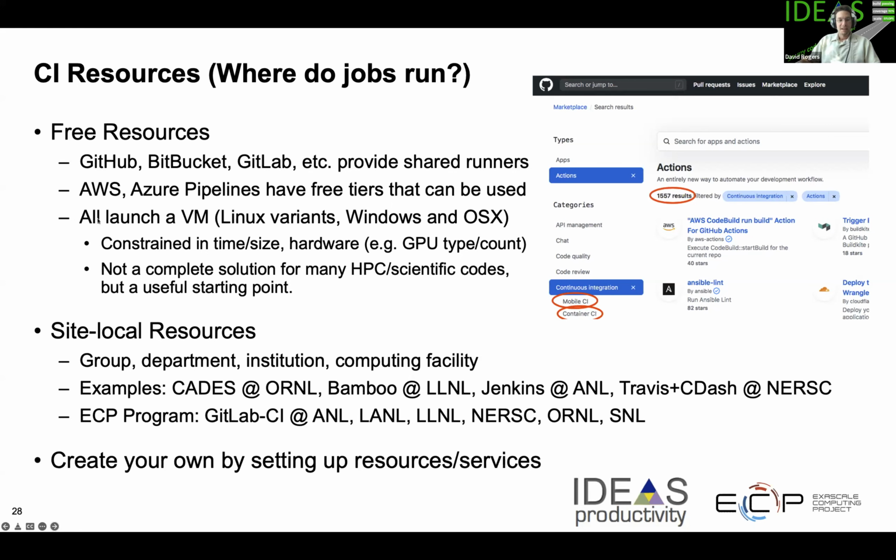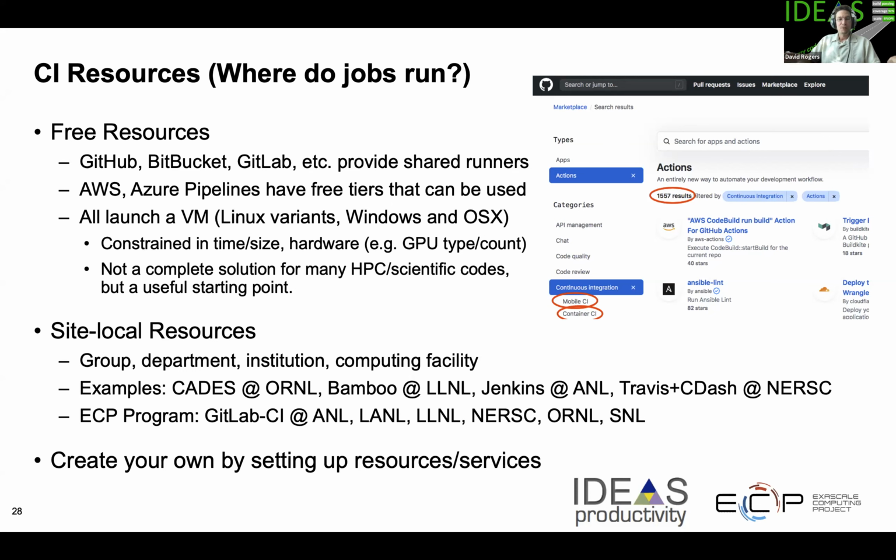So those constraints keep your testing size down. You might also have site local resources, and in this conference, you'll hear about developments from the ECP continuous integration team on that front. Hopefully you talk to the local experts on doing CI integration before you start scaling up your tests.